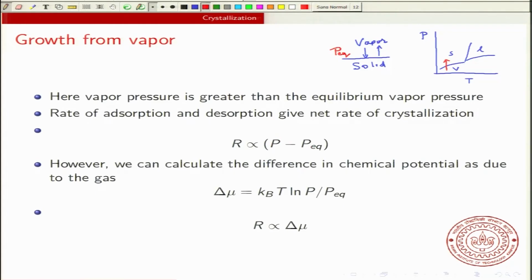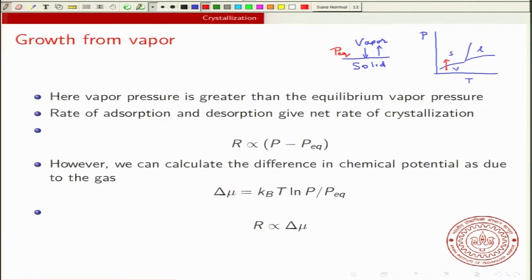So obviously if the pressure is equal to the equilibrium vapor pressure, then the solid and vapor are in equilibrium and there will be no crystallization. But if the pressure of the vapor is greater than that of the equilibrium vapor pressure, then the solid will crystallize. Okay, and you can again connect this to the chemical potential difference.